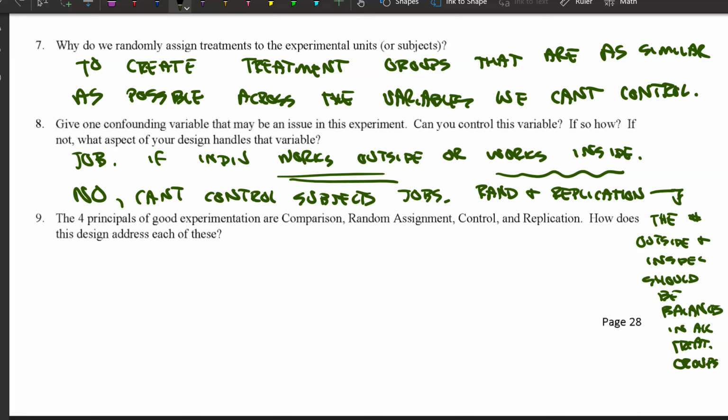So if we randomly assign people, each treatment group is going to have some people that work inside and some people that work outside, so it should kind of balance out.